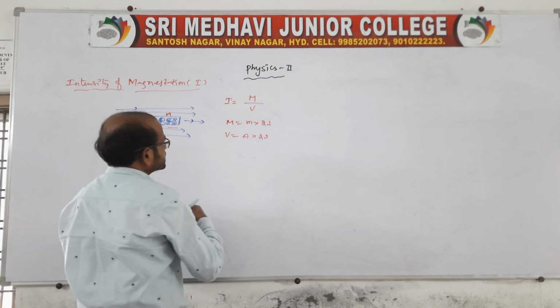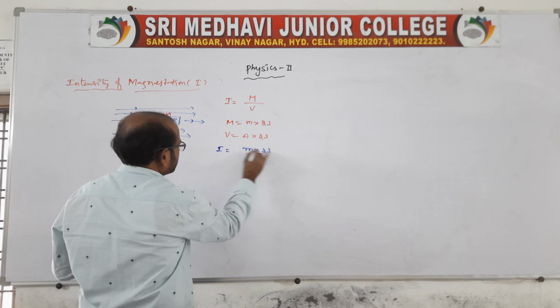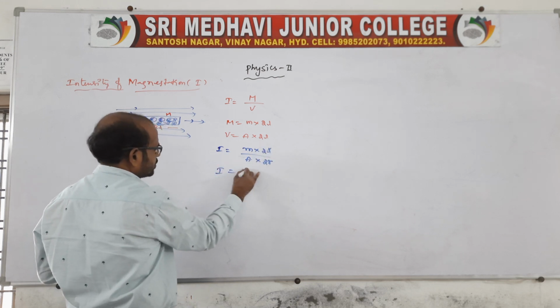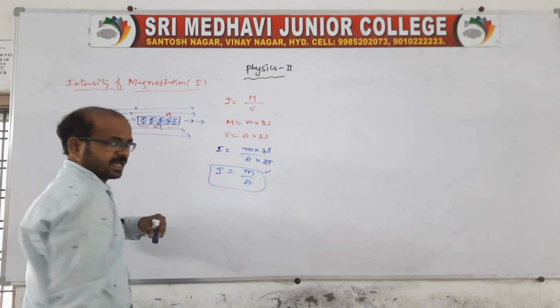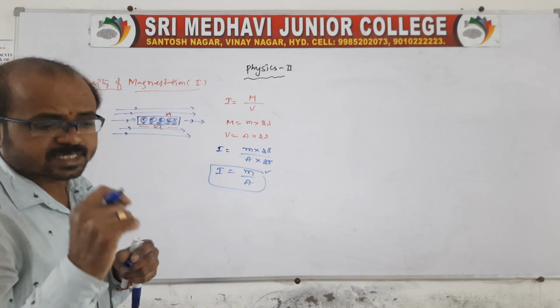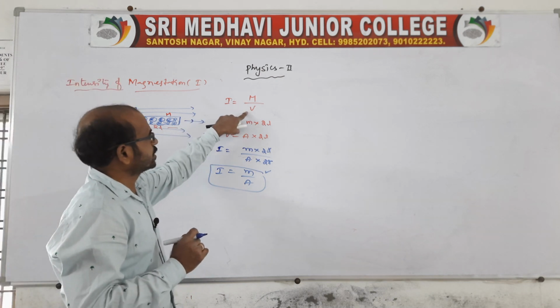Now substitute here: capital I is equal to small m into 2L by A into 2L. Of course the 2L is cancelled, and small m by A is the pole strength per unit area. So intensity of magnetization is the pole strength per unit area of cross section, or magnetic moment per unit volume.